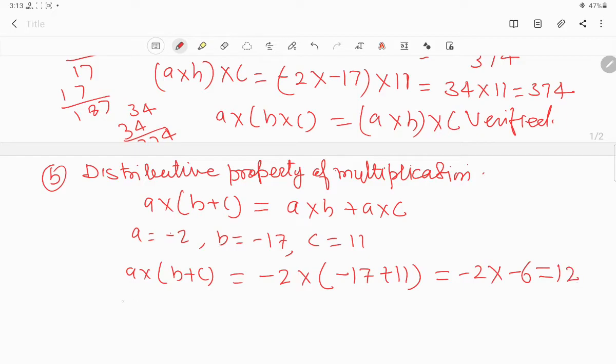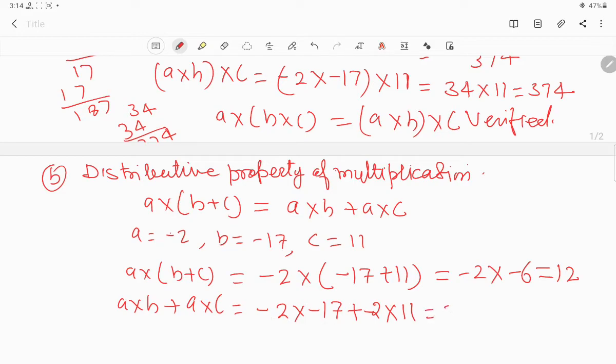And now take the other side, A into B plus A into C is equal to -2 into -17 plus -2 into 11.